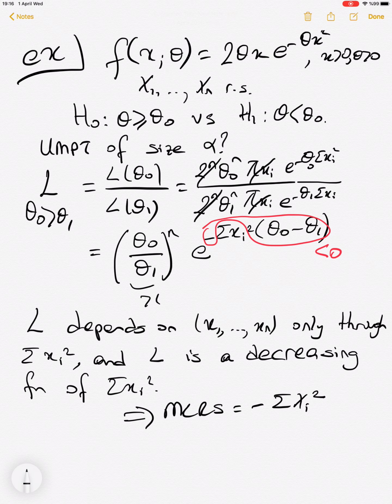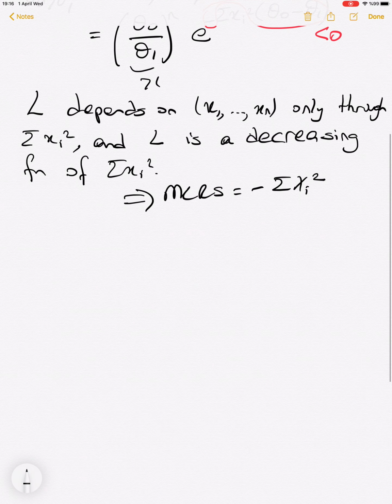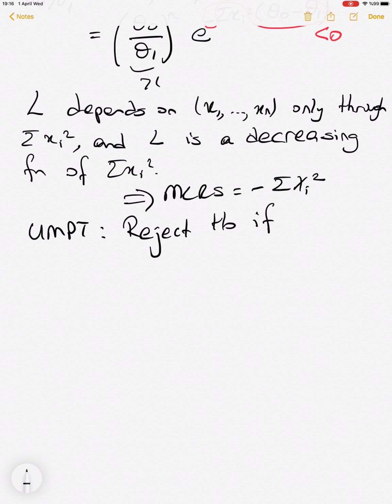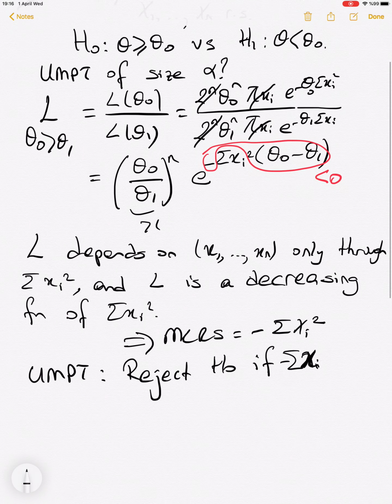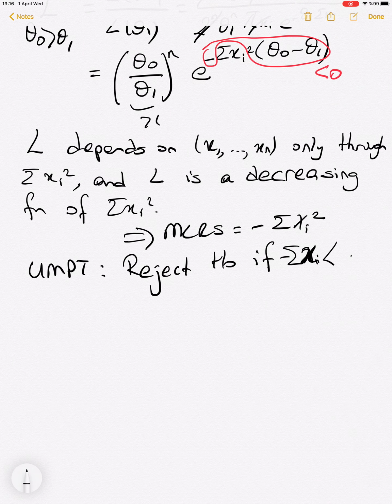Okay, and then after deciding that, our uniformly most powerful test is reject H0 if minus summation xi square, at this point we have to look at the direction of the alternative hypothesis. It is less than theta 0, so we have to say less than c.